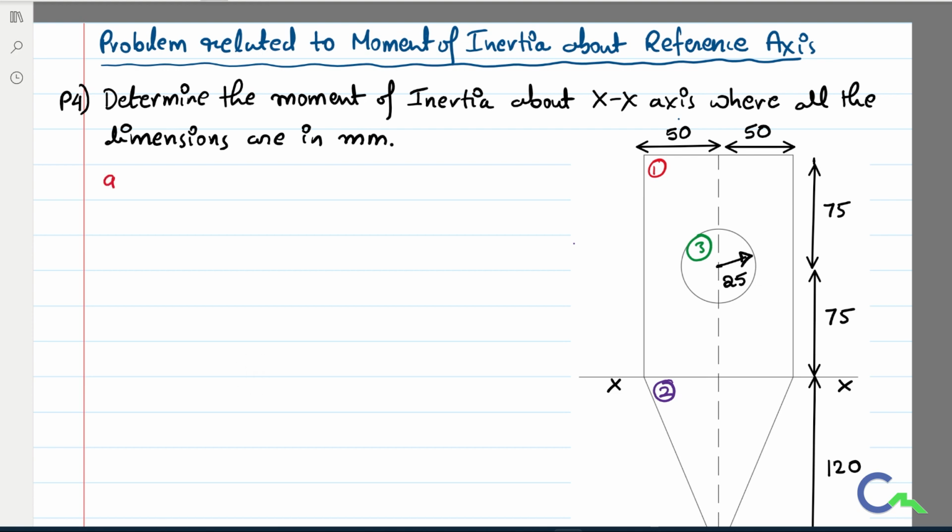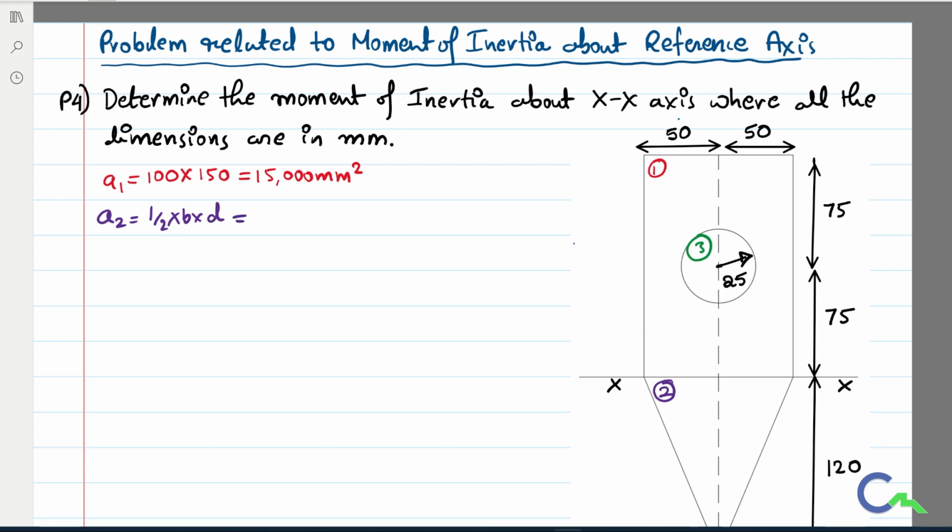A1 is the rectangle, so easily I can calculate that, 100 into 150, that is 15,000 millimeters square. Then A2 is a triangle, half into base into height.